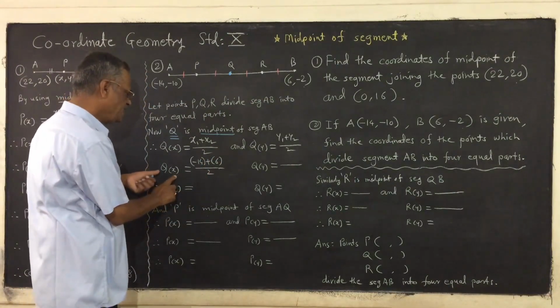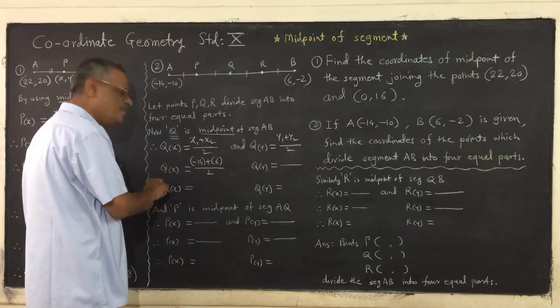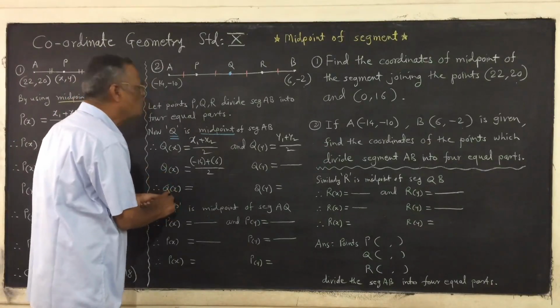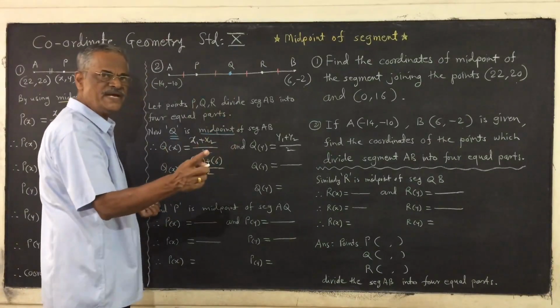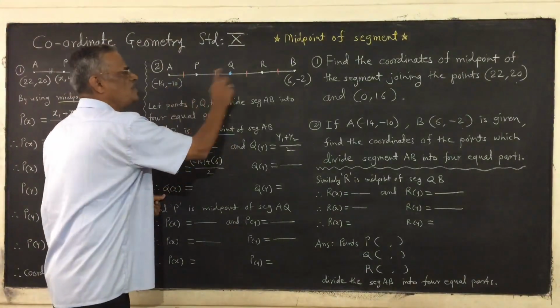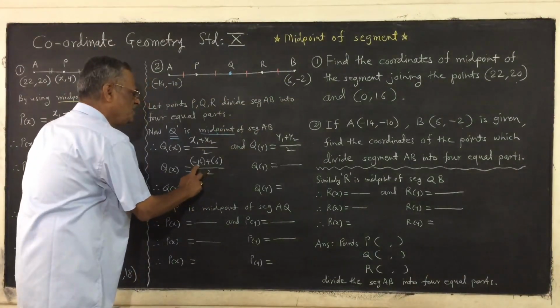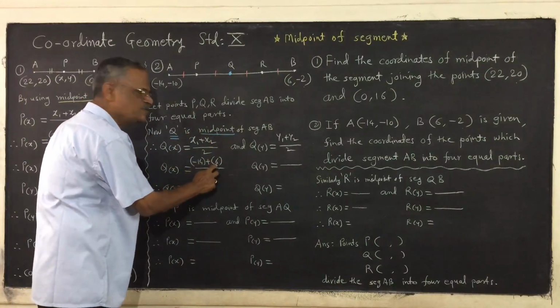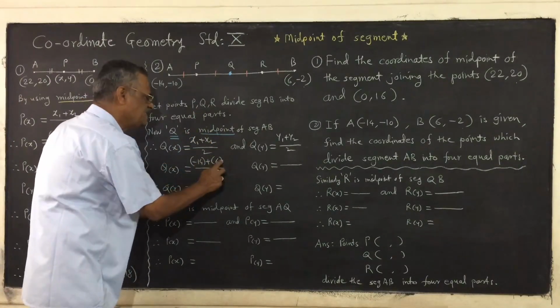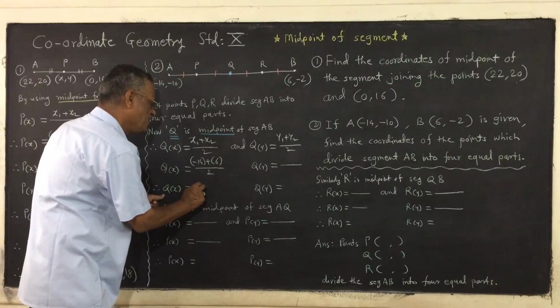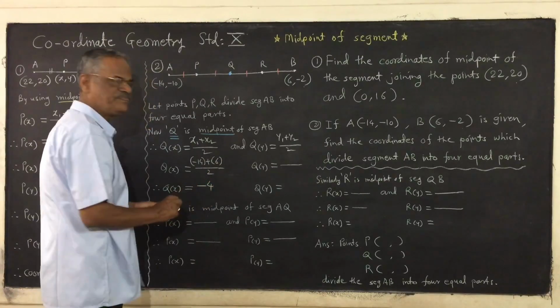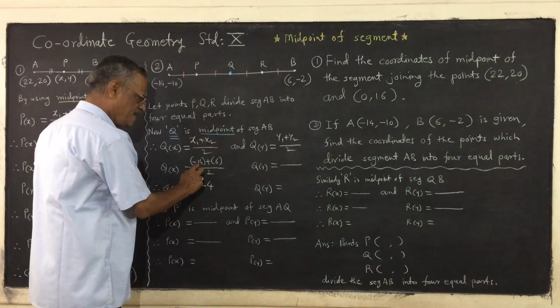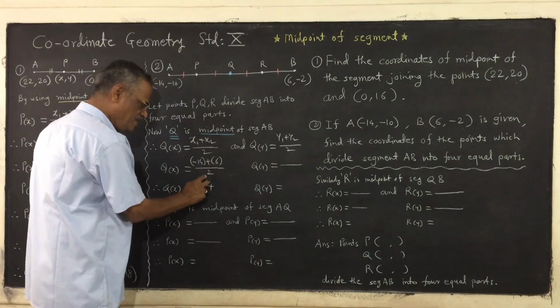That is the x coordinate of Q, the midpoint of segment AB. Take the difference, since the signs are opposite, negative and positive. So minus 8 divided by 2 is minus 4.